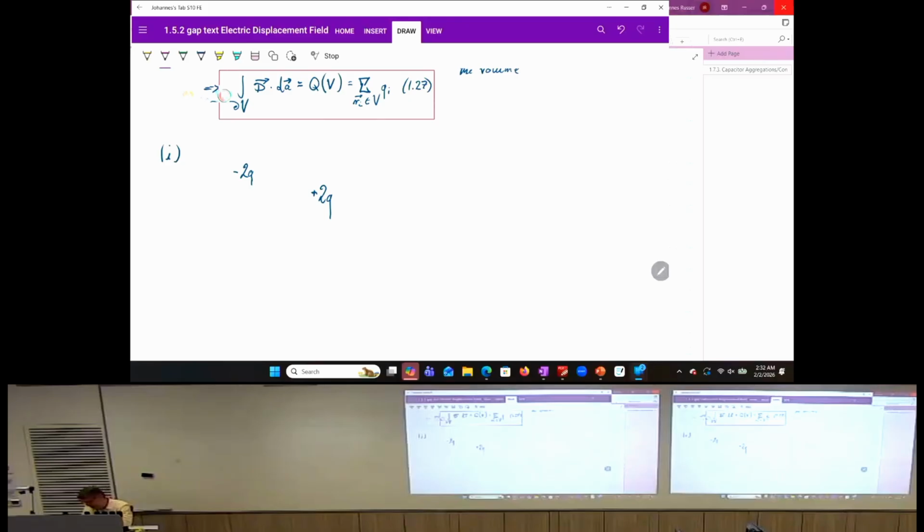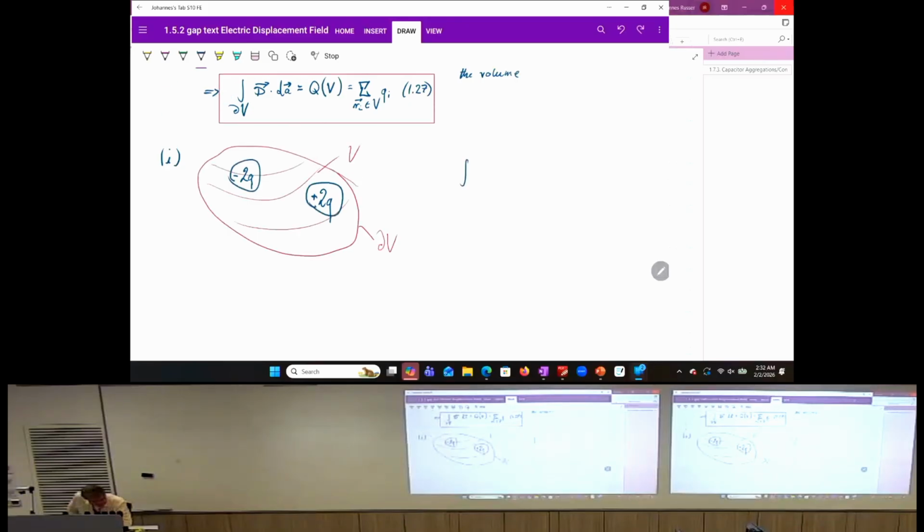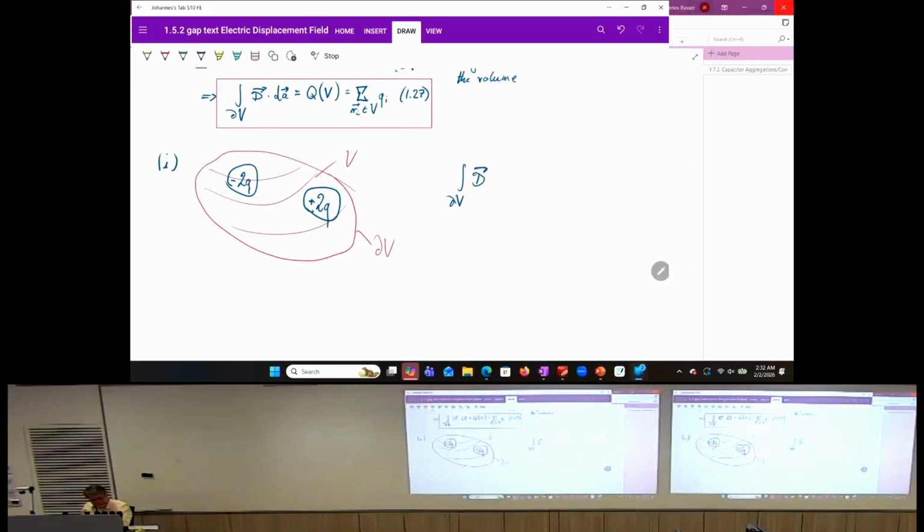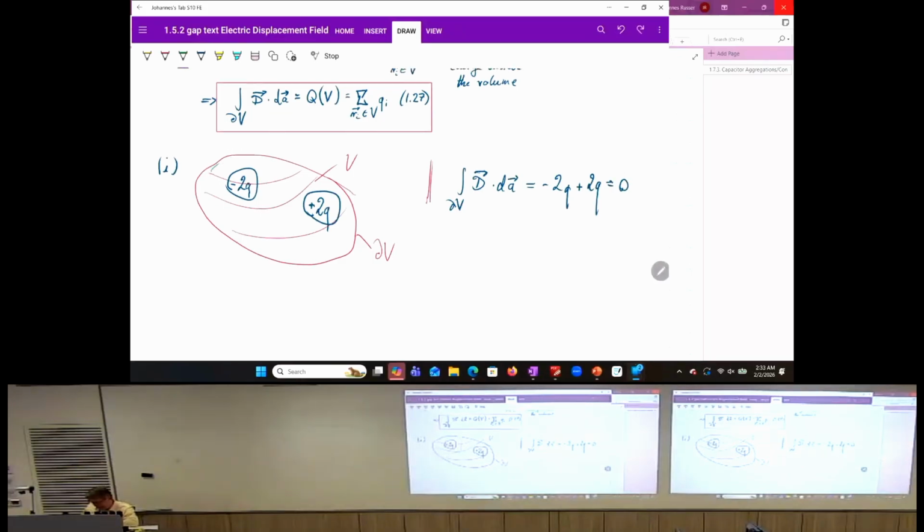Let's make it with a single integral sign, because it is implied that it is over a surface, just by putting here this sign for the enclosing surface, a V here. And we integrate, and we use a vectorial area element, and the result will be minus 2q plus 2q, which will be 0.